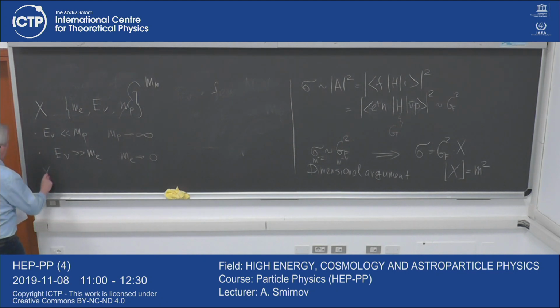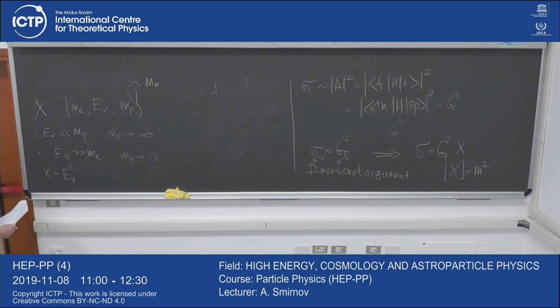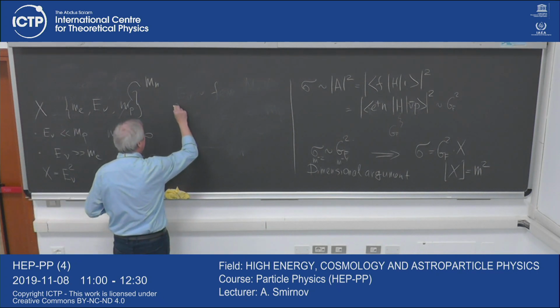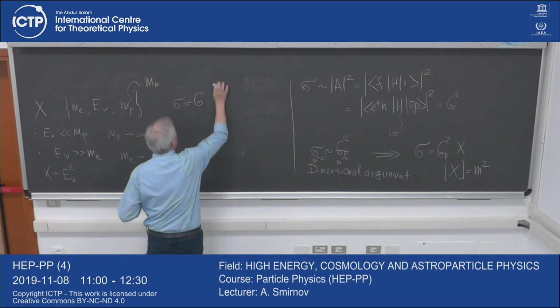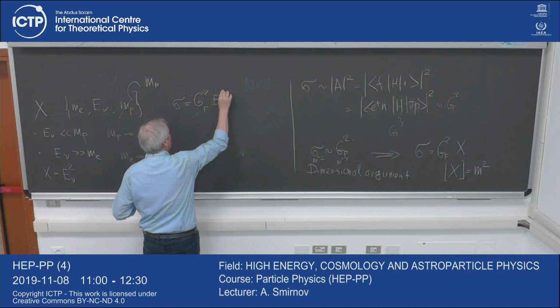So then X should be energy squared. And therefore we get the expression for the cross-section, which is G Fermi squared times the energy of the neutrino squared.